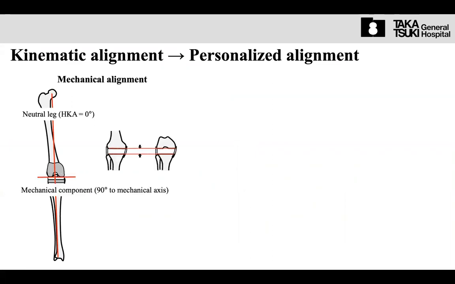That is in contrast to mechanical alignment. I frequently repeat it again and again: mechanical alignment aims for only one goal, a single goal, a straight leg, perpendicular placement of components, and a balanced gap. The single goal.